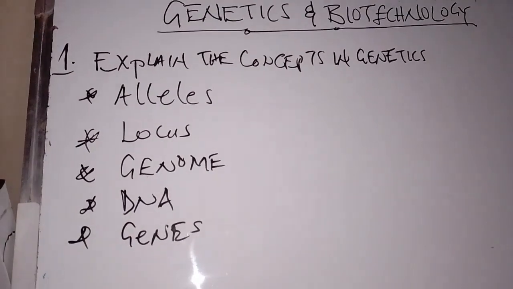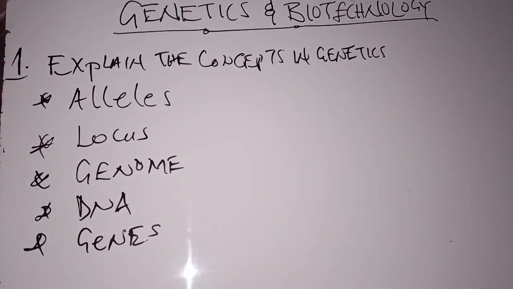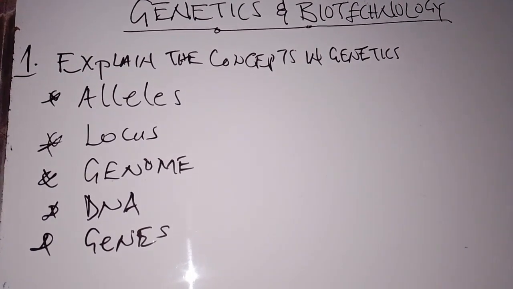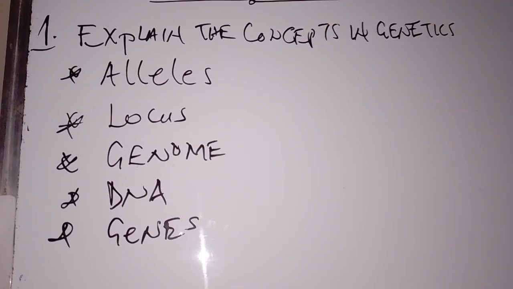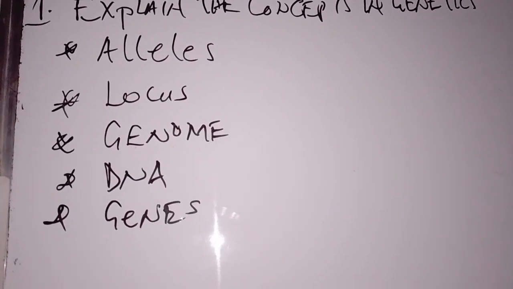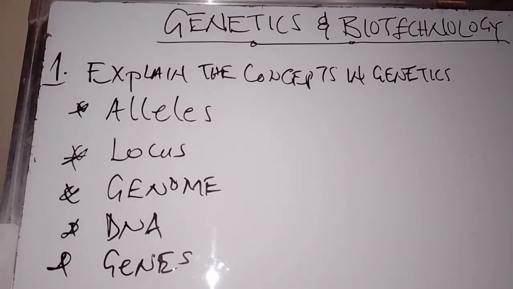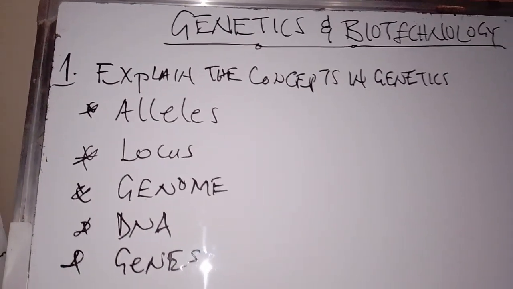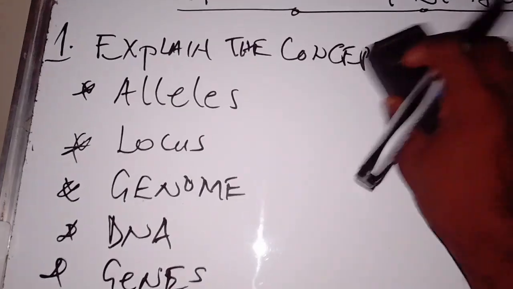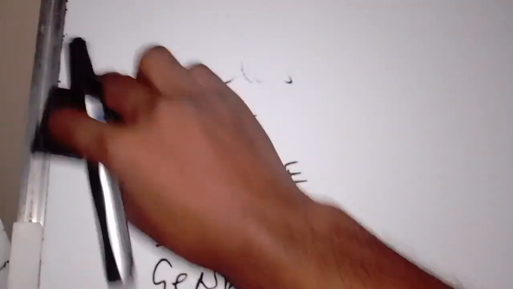These are the concepts that you need to focus on when you are dealing with genetics. So what else do you need to know? We'll look at this in detail as you're preparing for the exams. So let's look at other things that you need to know.